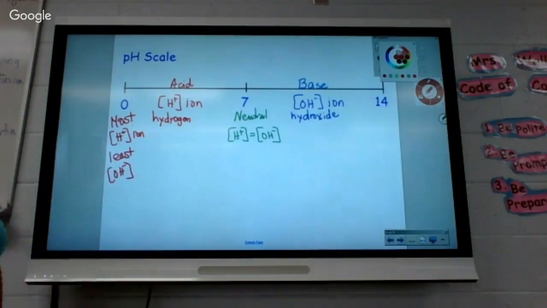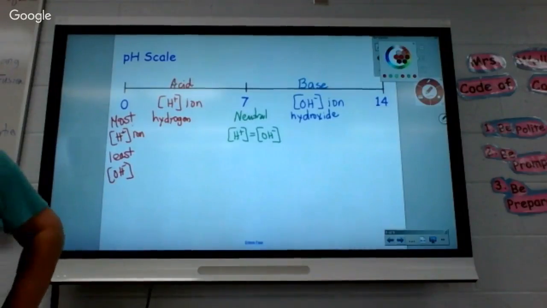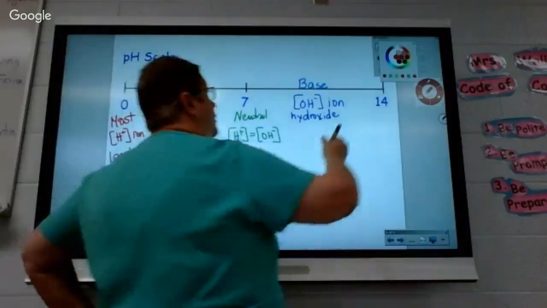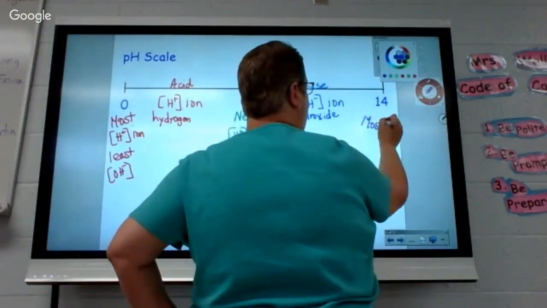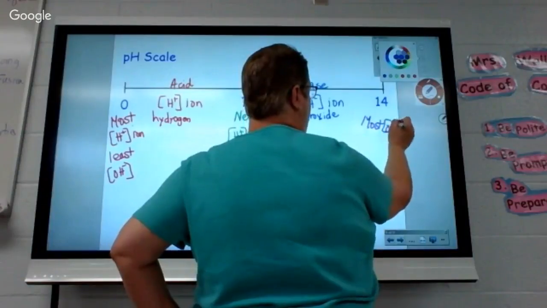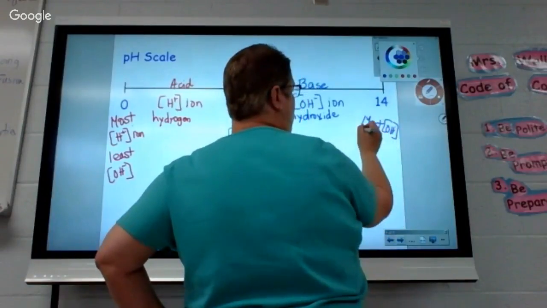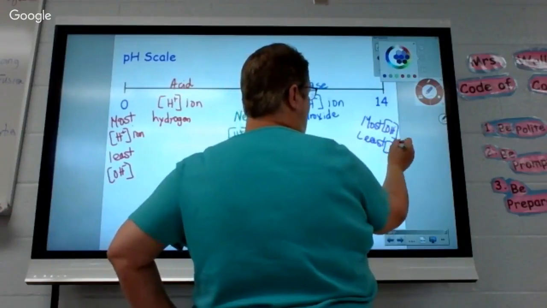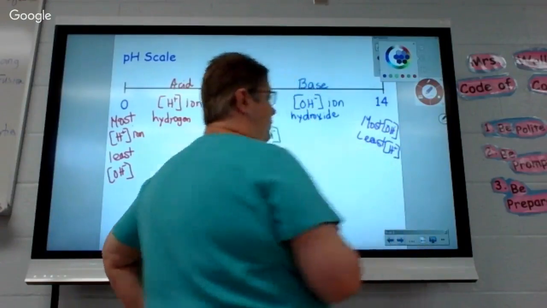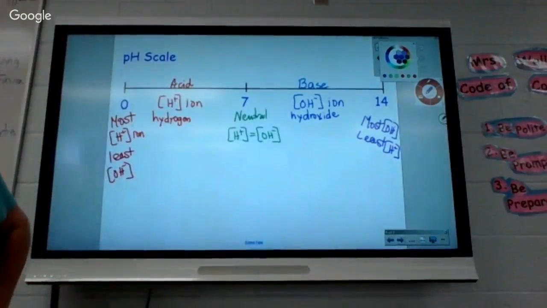Does that make sense? Okay. So, on the scale, where would we have the most hydroxide ion? Okay. So on this scale, we're going to have the most hydroxide ion down here, and we will have the least hydrogen ion there. Are you with me?